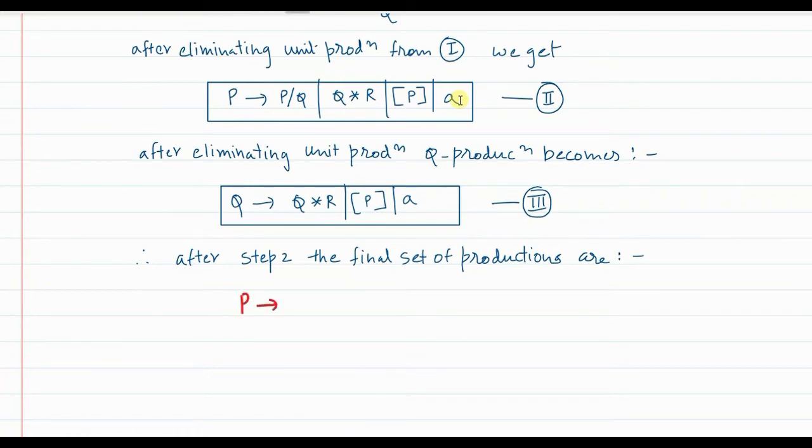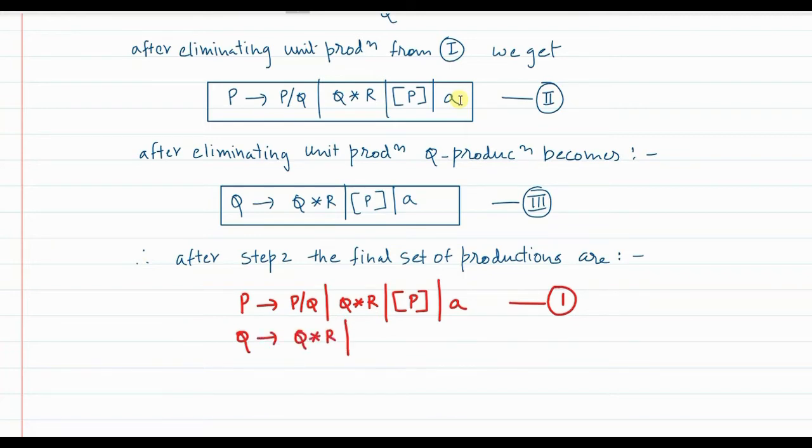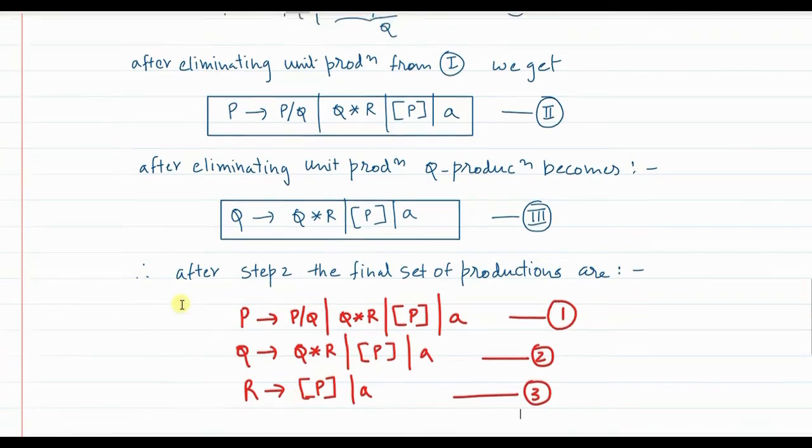P gives P/Q or Q into R or square bracket P or A. So I will name this as equation 1, number 1, not Roman number. The Q production can now be written as Q into R or P or A, and the R production is unchanged. So this is as it is written, square bracket P or A. So this is equation 2, this is equation 3. Production 2, production 3. Okay.